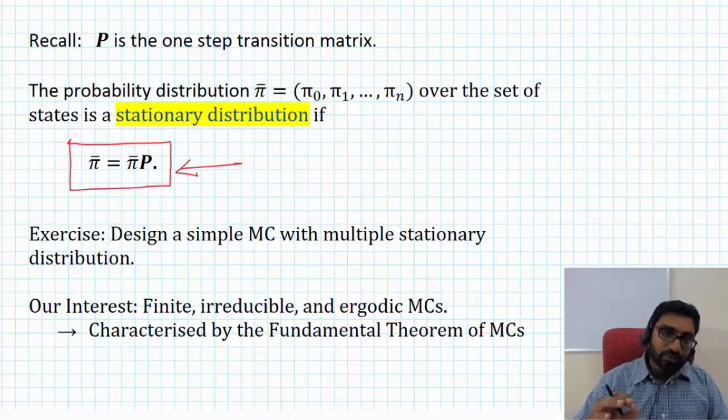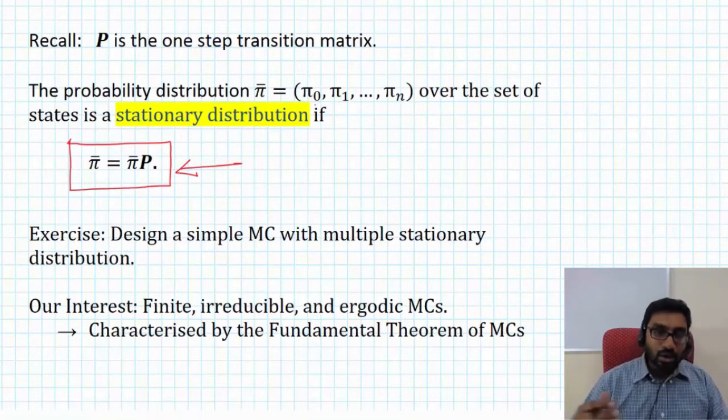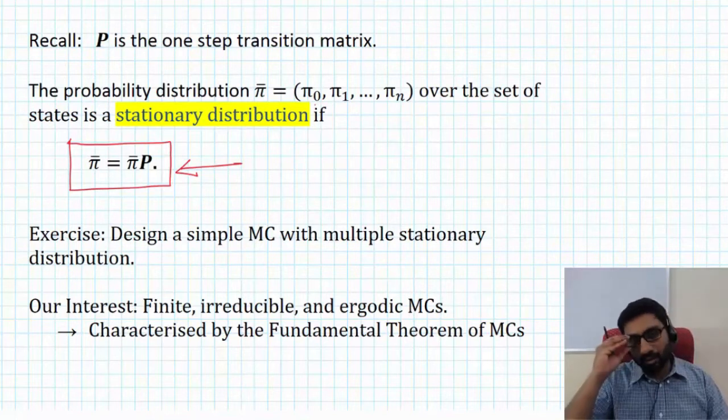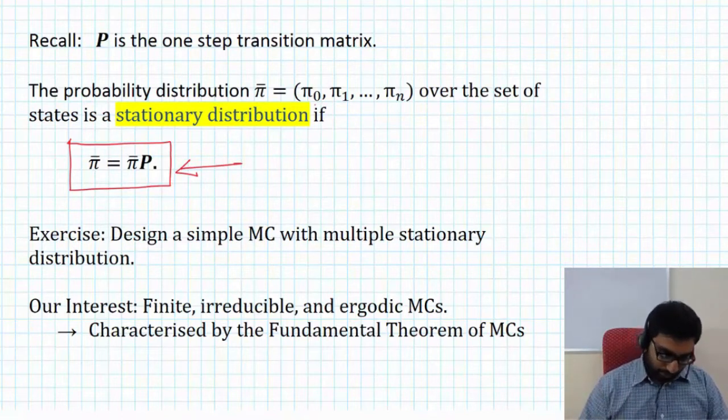So if the Markov chain is in one of the states 0 to n in accordance with this probability distribution, then it will continue to be in one of those states according to this probability distribution. So it's some sort of steady state behavior of the Markov chain. And that's usually what we are interested in in the context of Markov chains: the steady state behavior of the Markov chains.